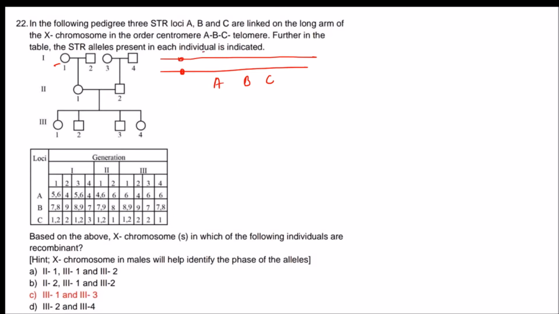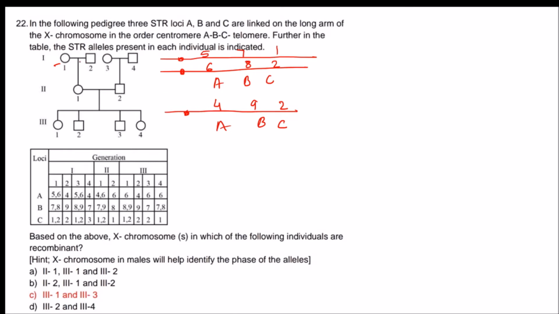So I am better writing it as 5, 6 at the A locus, 7 and 8 at the B locus, and 1 and 2 at the C locus. Now come to the male. Obviously there will be only 1 X chromosome, so here we will write it as it is: 4, 9, 2 are present at the A, B and C loci respectively.